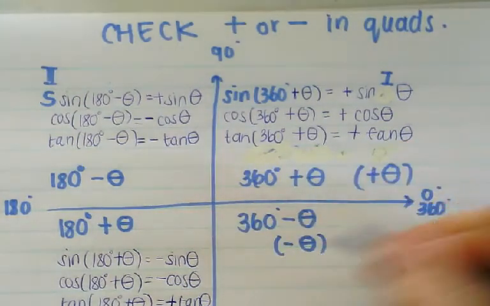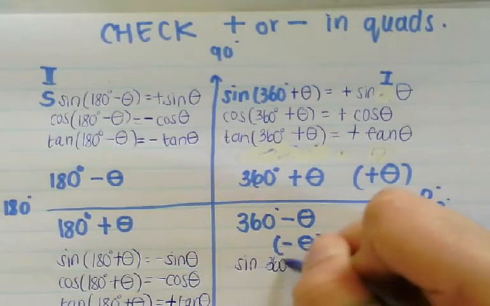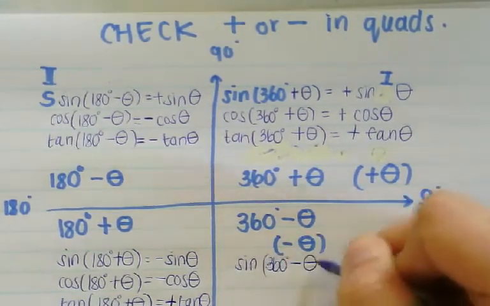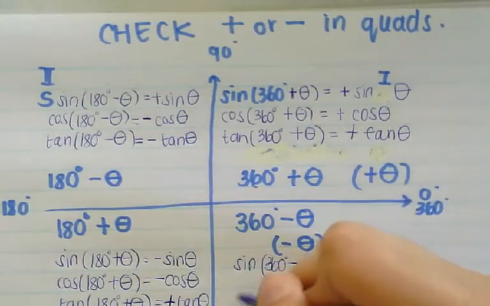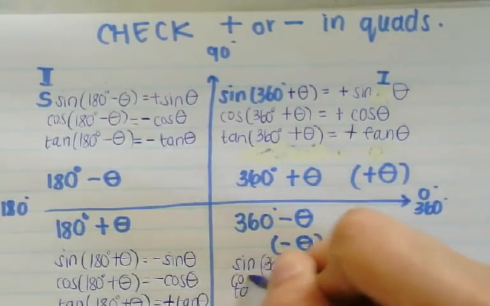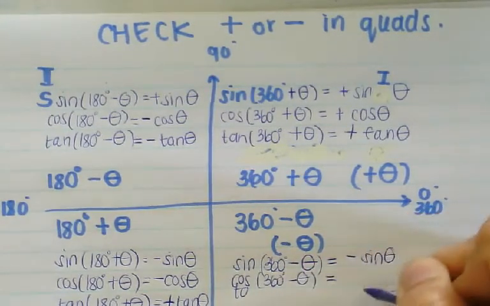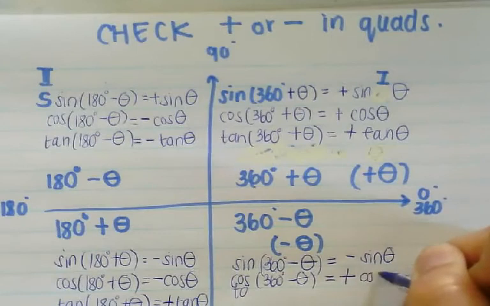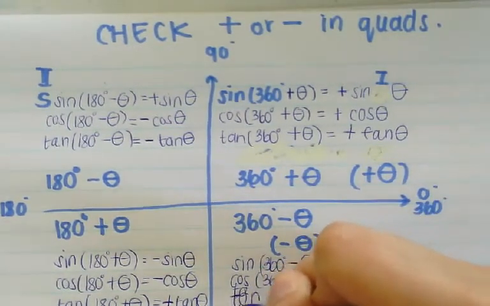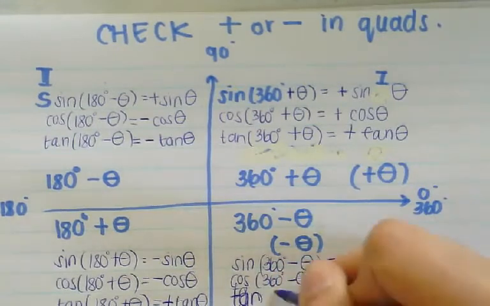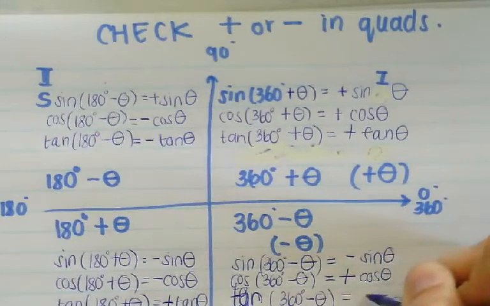And lastly, we have sine 360 degrees minus theta. Is sine positive or negative? Cos 360 minus theta, positive or negative? Positive. And tan, sorry, it looks terrible. 360 degrees minus theta, positive or negative?